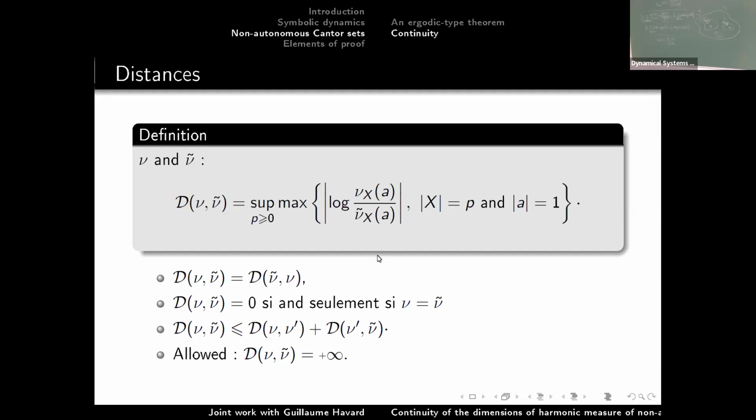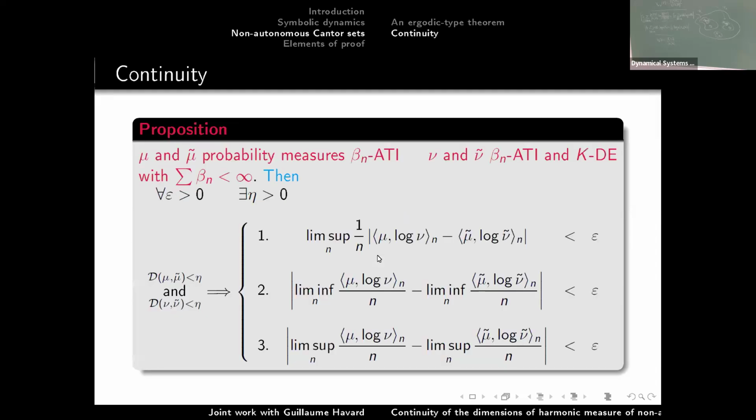Saying that the metric is close to 0 means that when you go from the father to the son, you distribute the measure the same, almost the same way. Now, this is the second thing.